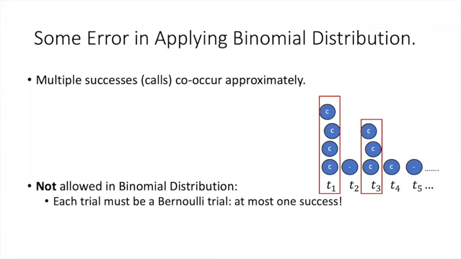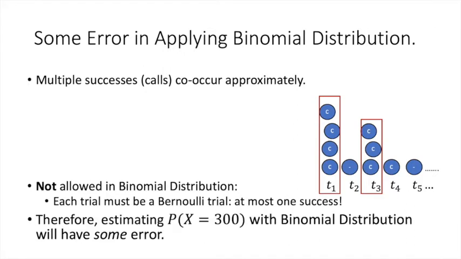Like tossing a coin can generate only one head or a tail, not many heads or many tails. But here, multiple calls or successes can occur at the same time. This means that if we use the binomial distribution to model the probability of the number of calls, it may work, but it will have some error. So let us try to minimize this error.